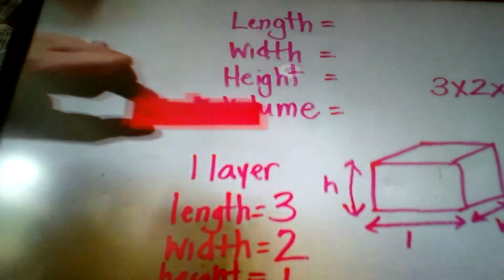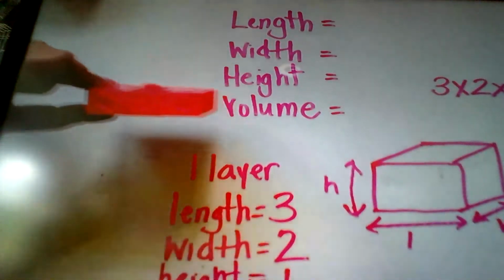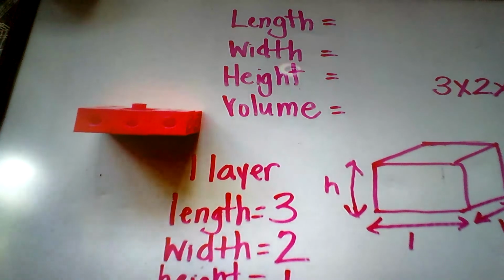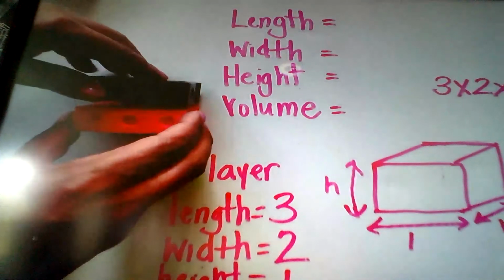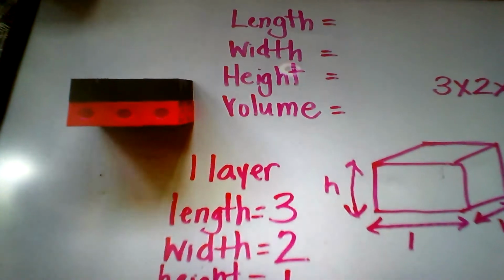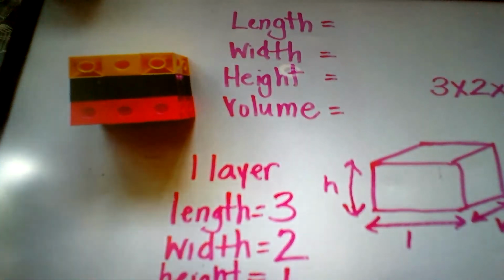Now remember, the rectangular prism I showed you initially had more layers. So I'm going to put another layer, another layer, and another layer.